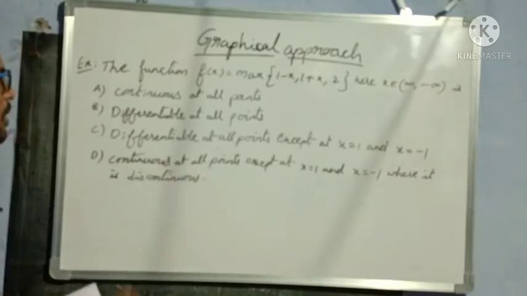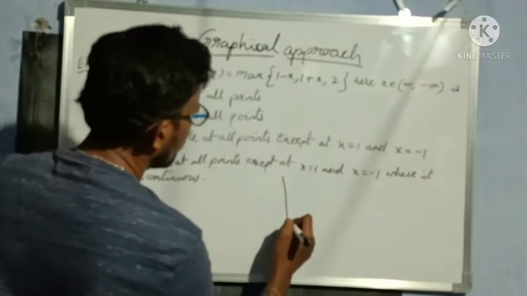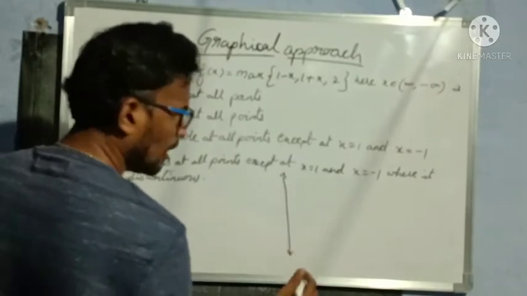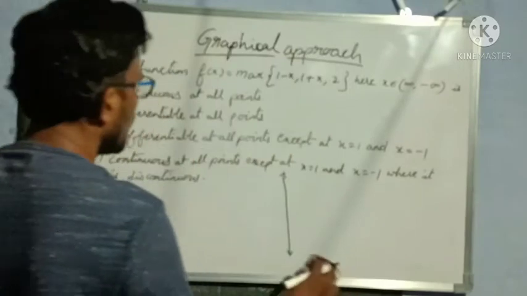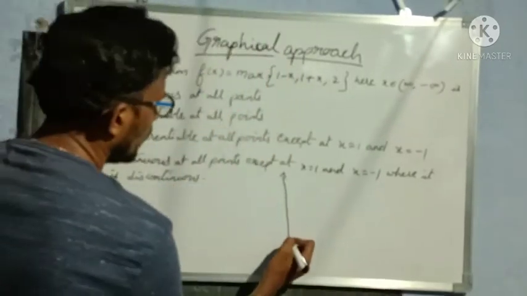Okay, so these are the options given. Let us find out which options are correct and which are wrong. So first, let us draw the graph of y is equal to 1 minus x, 1 plus x, and y is equal to 2. Okay.